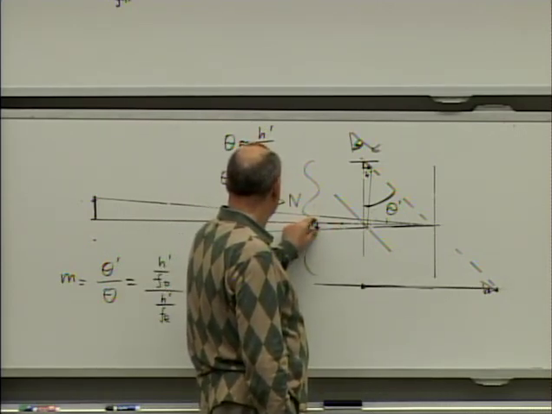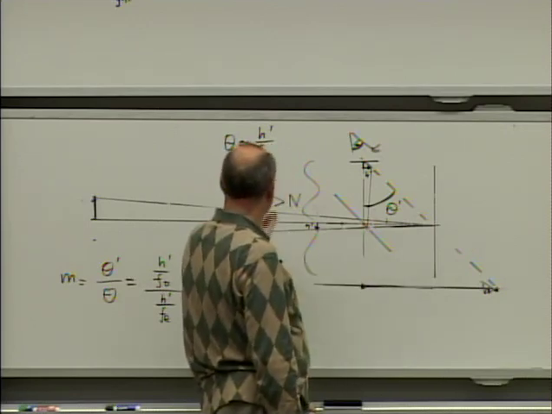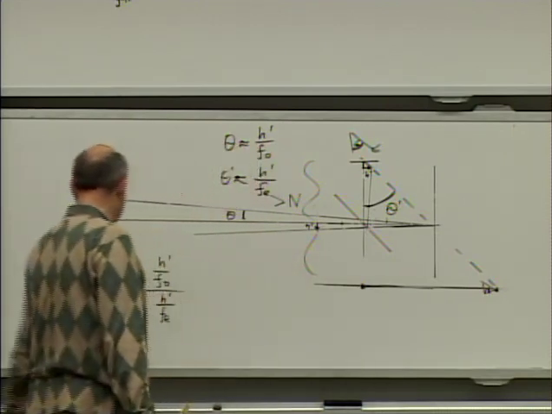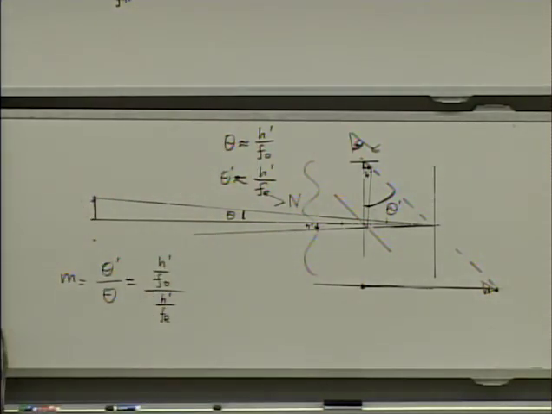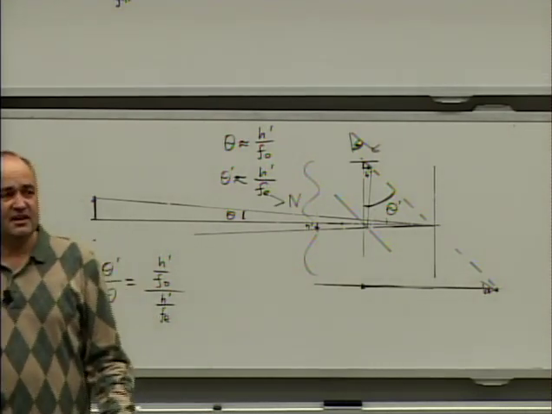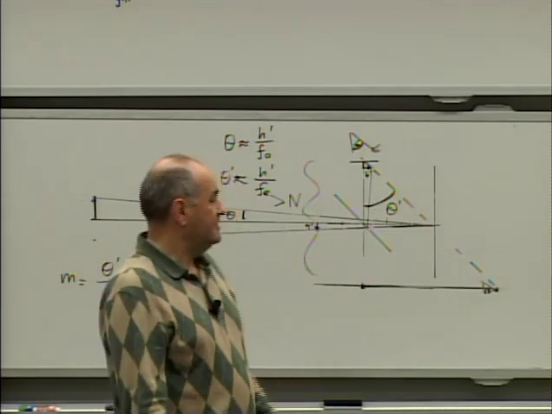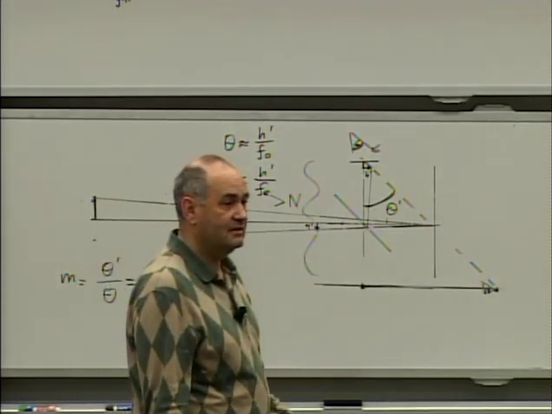H prime. I made a mistake somewhere. But where did I do that? Because I should get the same expression for the magnification as I did for a Keplerian telescope. So in order, yes, Jerry.